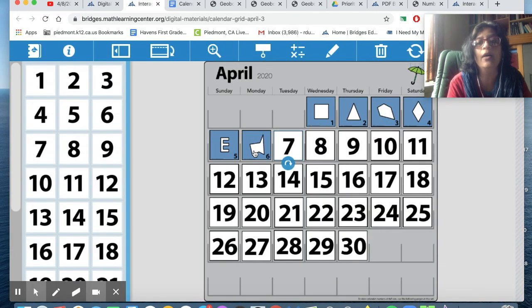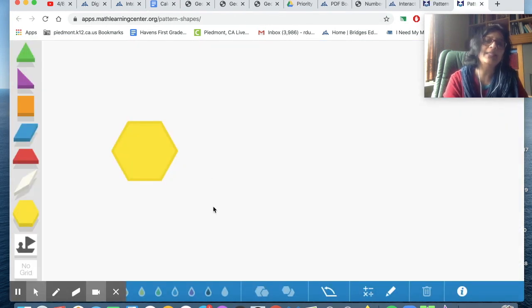Now, hexagon. If you were just looking at the hexagon that we are used to, you would say, yep, it is symmetrical, because you could draw a line right in the middle, and then you would draw a line right in on the other side.